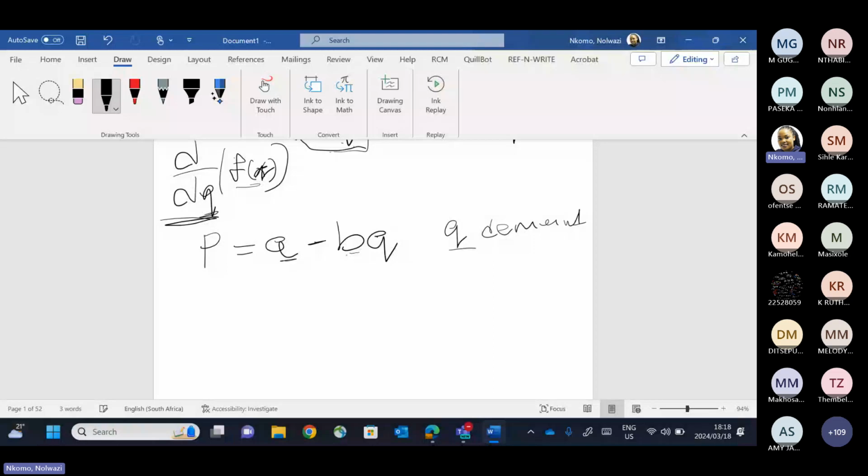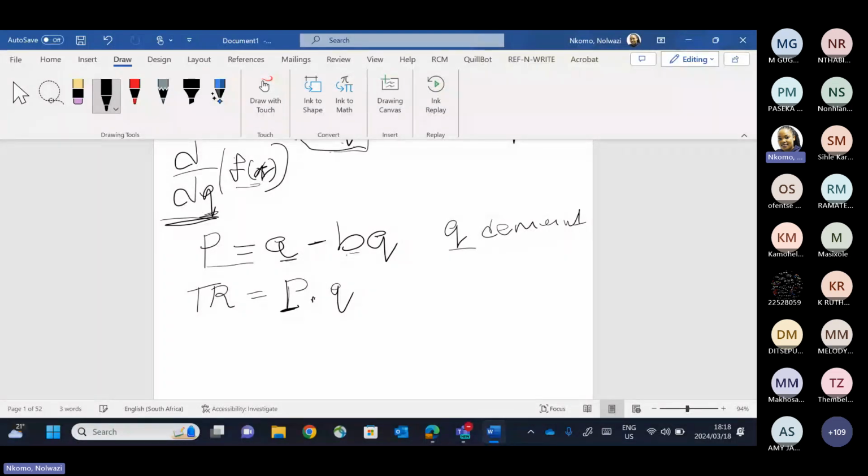So this means total revenue is equal to this equation times the quantity, the number of units demanded, right? And we know that P is represented by this function.